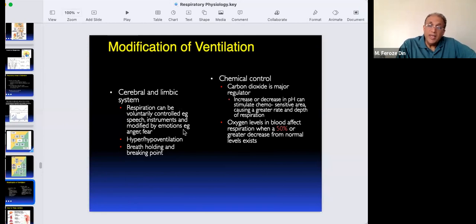But there's also involuntary control. For example, when someone is angry, his or her breathing will rise in both depth and rate. Whereas if someone is fearful, the breathing actually becomes both shallower and slower. We can, of course, hyperventilate or hypoventilate voluntarily.